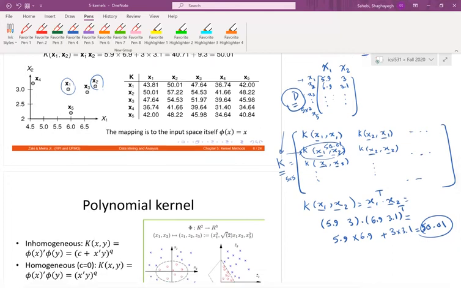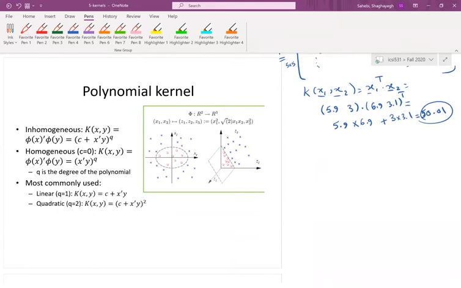But then let's go see a little bit more complicated kernels. The second kernel that is very popular is the polynomial kernel. Now, the polynomial kernel has a polynomial degree, which is called q. And it can be of 2 types. It can be homogeneous or inhomogeneous.